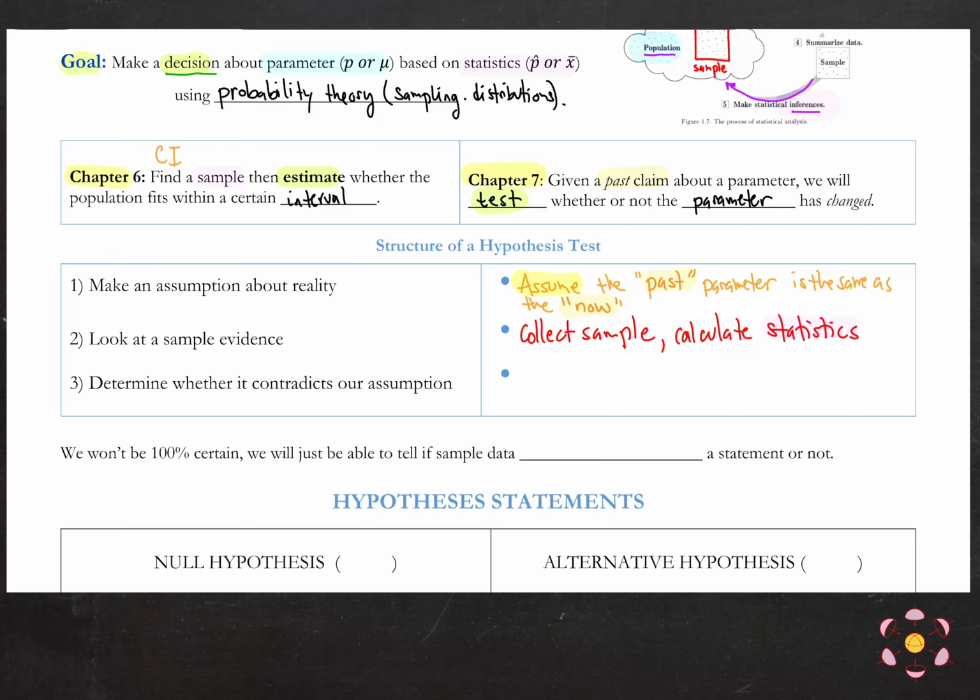So here's where we say we are going to test whether or not our sample statistics agree with, or don't agree with, or I guess I should say contradict, because that's a good word, our previous assumption.